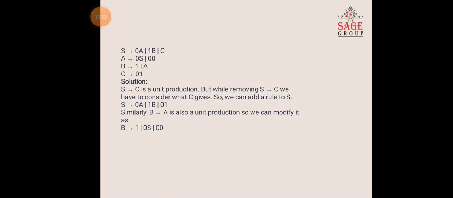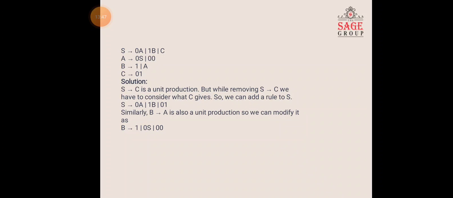That is, if I am considering the production S tends to 0A | 1B | C, and if I am eliminating the production S tends to C, then in that place I need to add the production on the right hand side of the non-terminal C, that is 0 1. So in place of C I need to write 0 1.